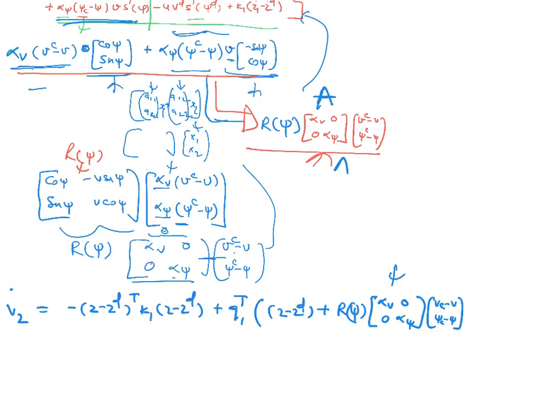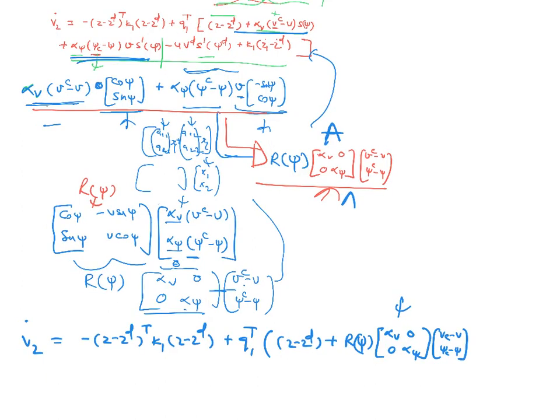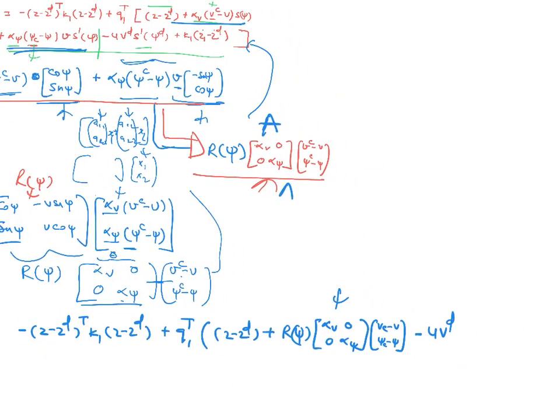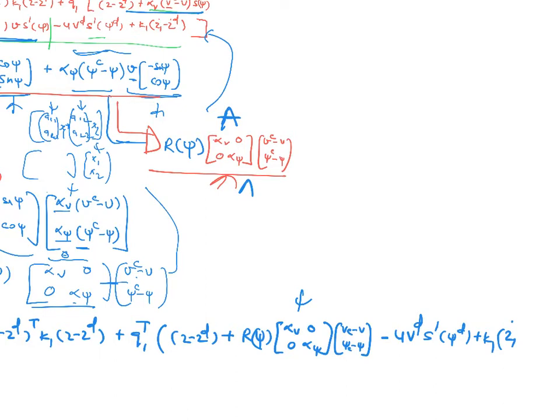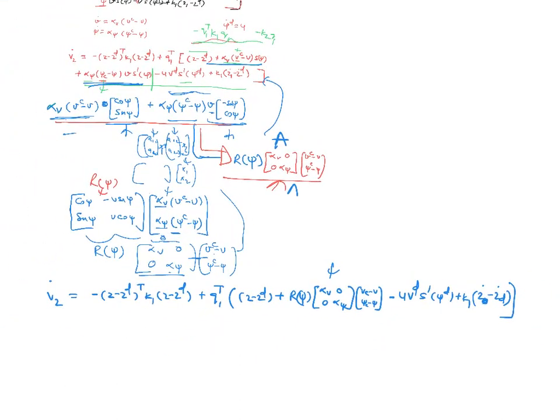And then what is remaining? The remaining parts are u v desired, s prime psi desired, plus k1 z dot minus zd dot. Okay, so that's our term now. Again, what is the objective here?